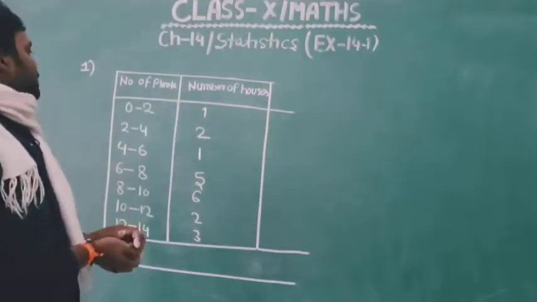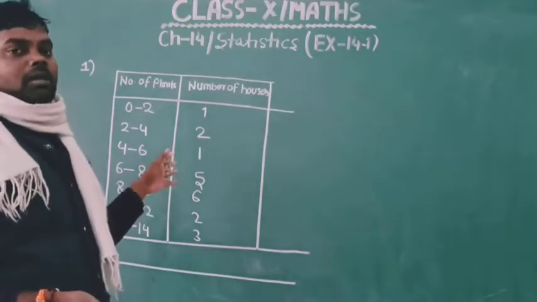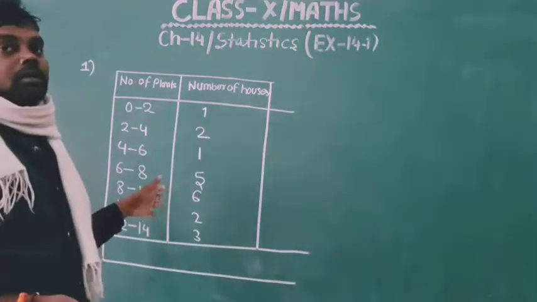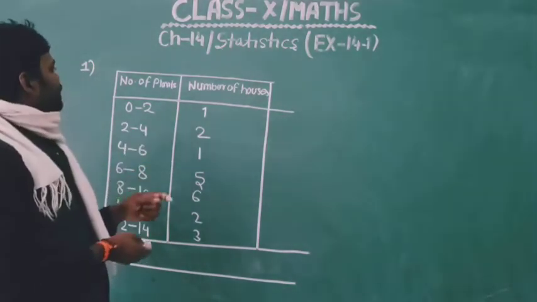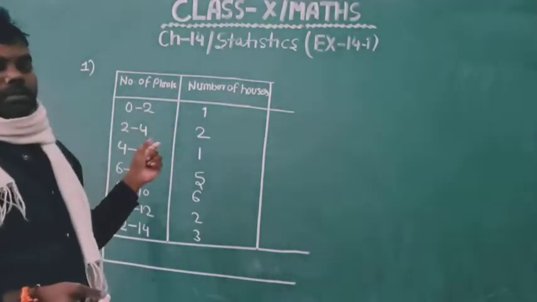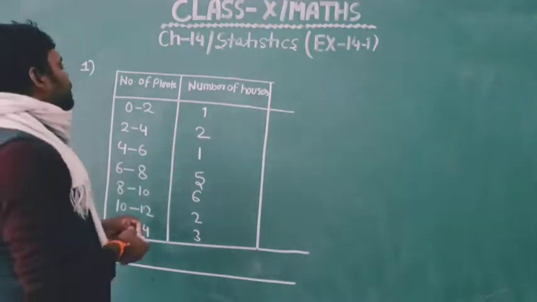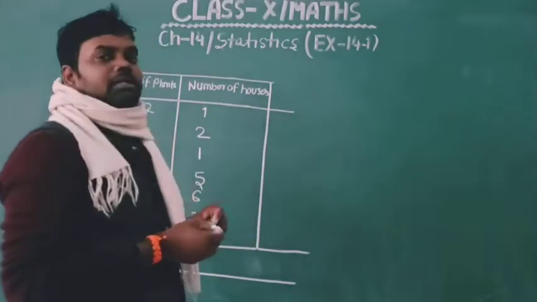So dear children, in order to find the mean value of the given data, we will use the direct method, because the values of xi and fi are very small.